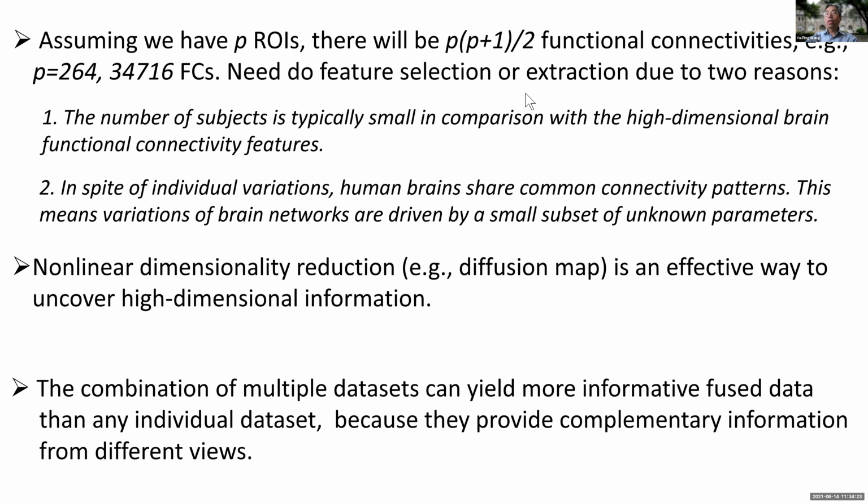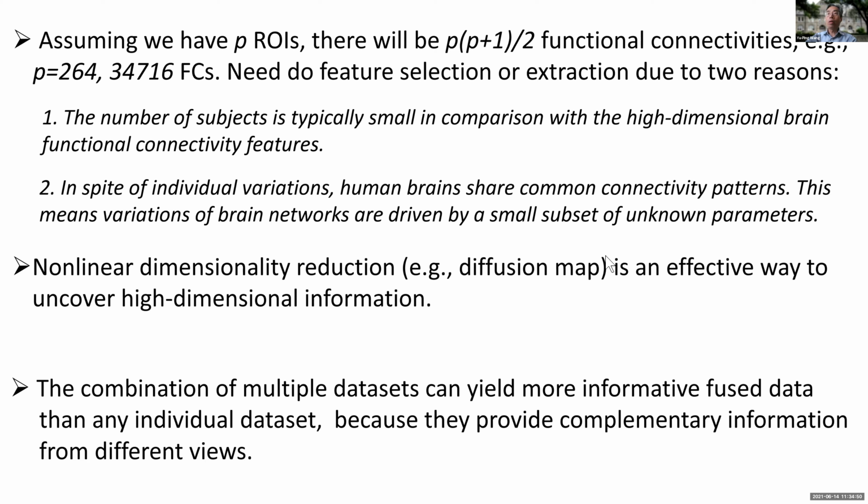Also, there was a study showing that brain networks are mainly driven by a small subset of unknown parameters. Based on this observation, there are many ways to perform dimension reduction or feature selection.